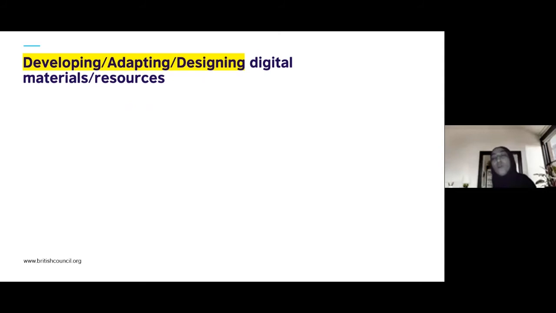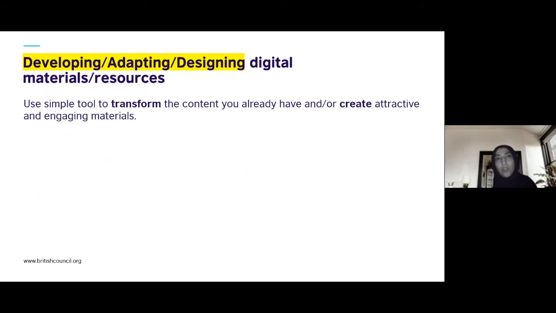Now, moving on to one more stage in the ladder, which is developing or adapting or even designing digital materials. Two things here: either you use technological tools to transform content you already have in hand, or you create attractive, engaging materials of your own. So two directions.